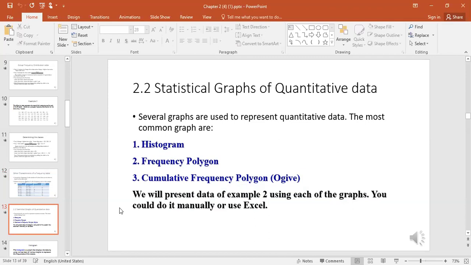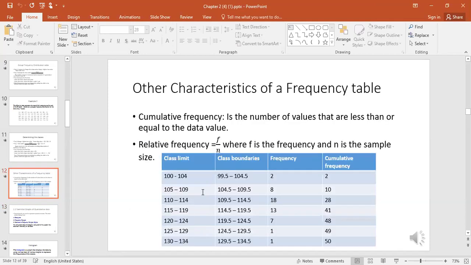So now, if we have our data values, we have class boundaries and class frequencies. We can use it to compute the cumulative frequency.